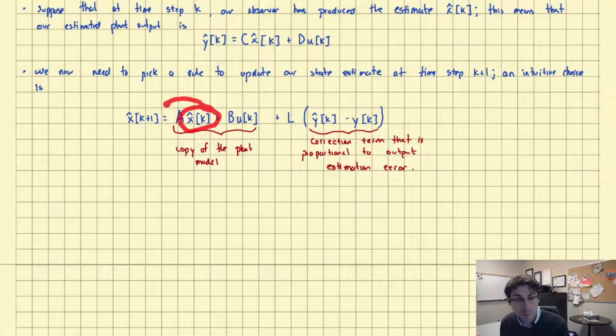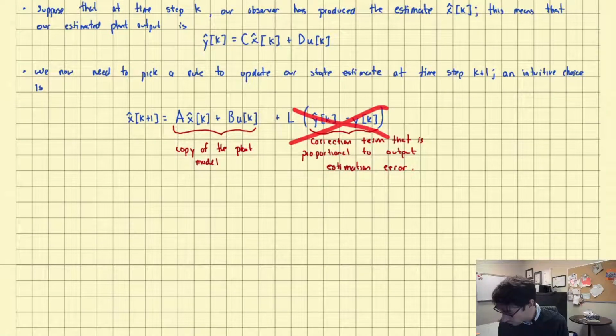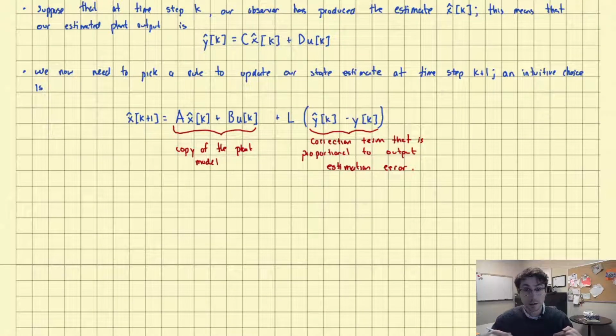And so we will get a perfect estimate at the next time step because we have this copy of the plant model. So if x is equal to x hat, this goes away, and our update to the next time step for our estimate is going to give us the plant state, because again, A and B are assumed known. Okay, so that's why I'm arguing this is an intuitive choice. Now it's not clear yet that it's going to work, but this at least has the ingredients to seem that it might work.